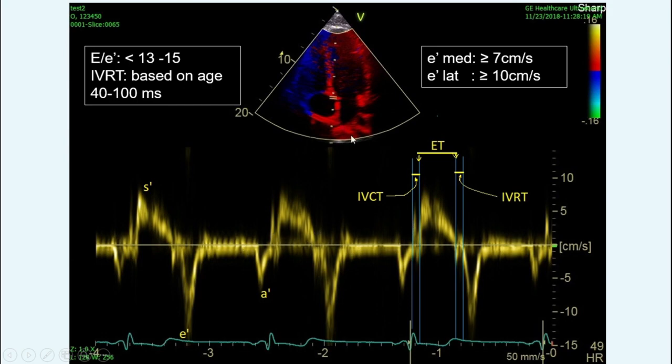The tissue Doppler of the mitral valve annulus has a specific pattern. When systole starts, the base of the heart or mitral annulus moves toward the apex, so it gives us a positive Doppler shift. Here we call it S prime.